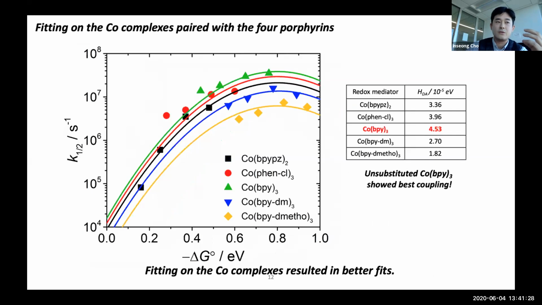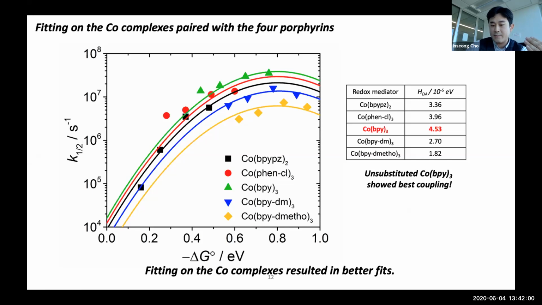So what we did is fit the Marcus equation to exactly the same plot, but from a different point of view. We fit one of the cobalt complexes employed, but paired with 4 different porphyrins. And in this case, interestingly, the fitting was much better. And more interestingly, the cobalt complex which is the unsubstituted BP molecule showed the fastest electronic coupling value.